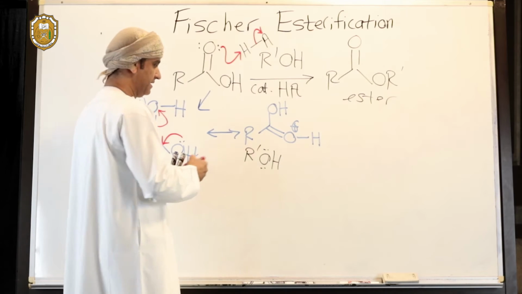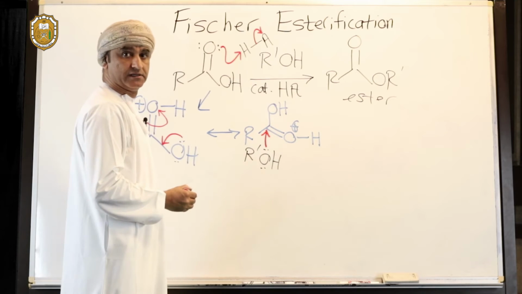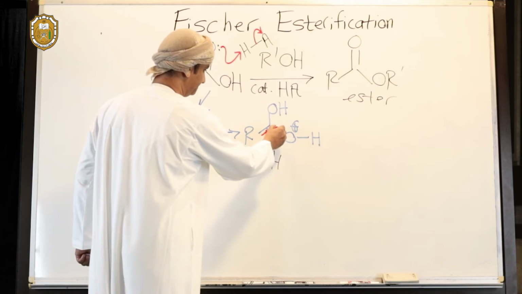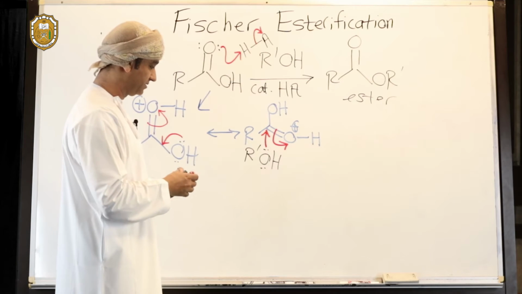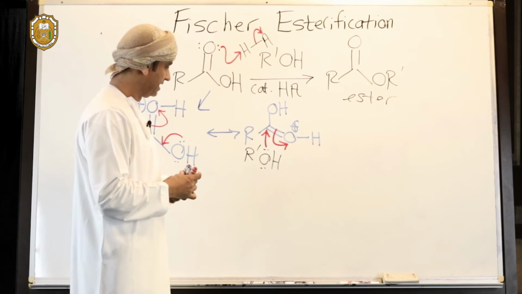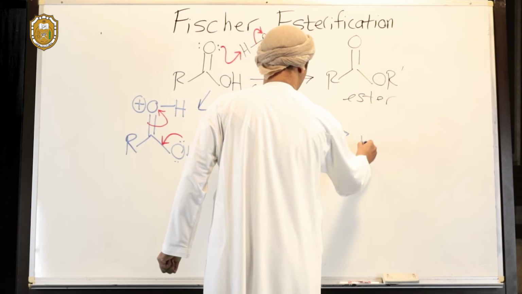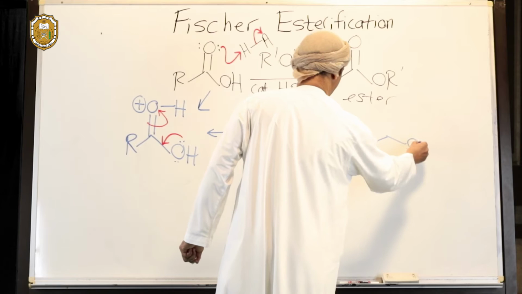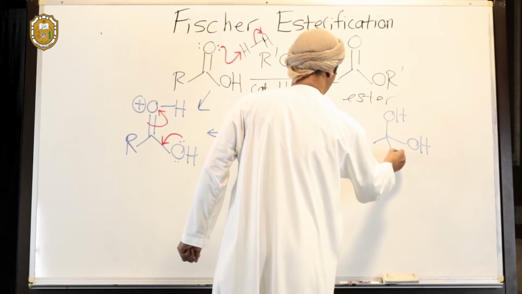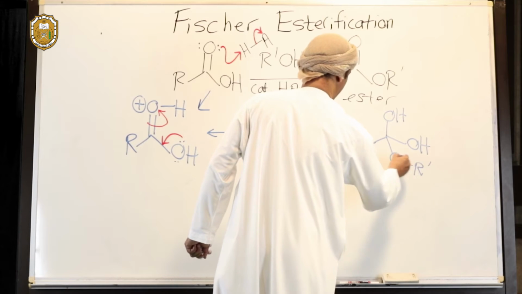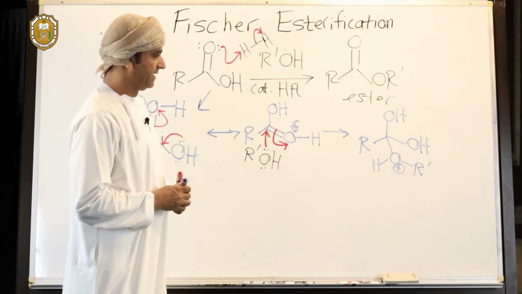The alcohol will now come in and attack that carbon, and then the carbon-oxygen bond is broken. So something like that. So it's nucleophilic addition type, and then the product would be this intermediate.